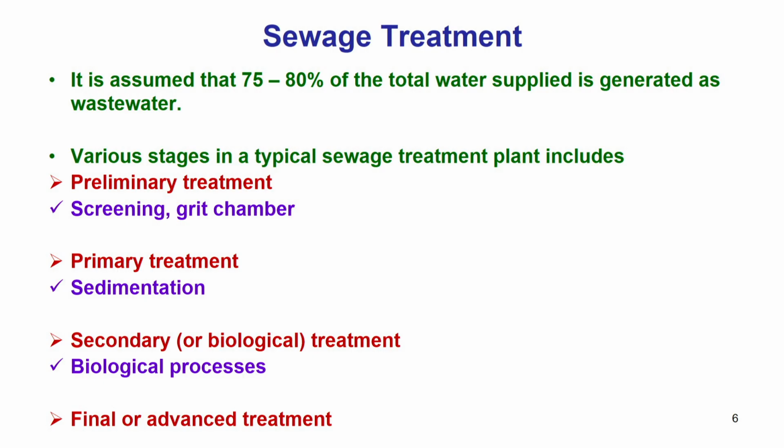There are population forecasting methods, based on which we can predict how much water would be supplied to that particular place, and how much wastewater is expected to be generated. And depending upon the amount of wastewater and projections, we can design the sewage treatment plant.